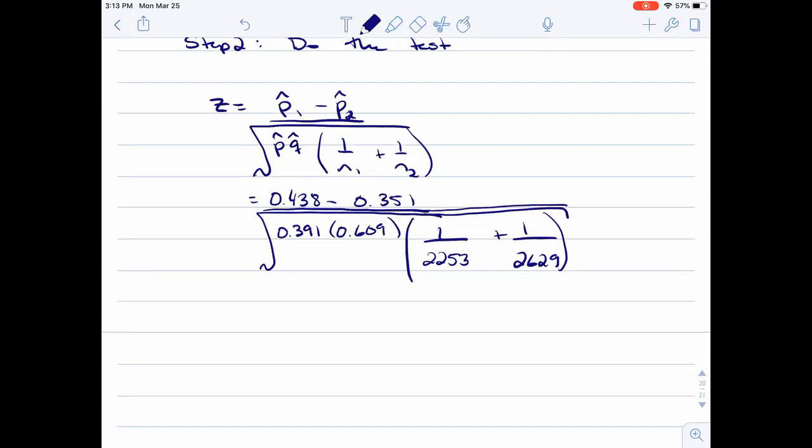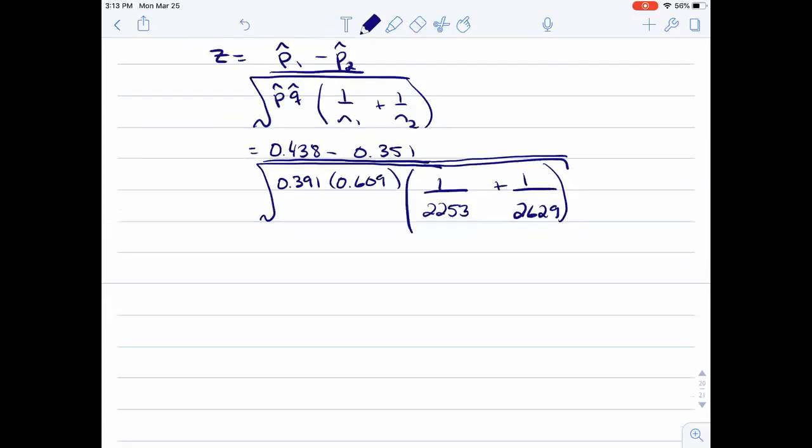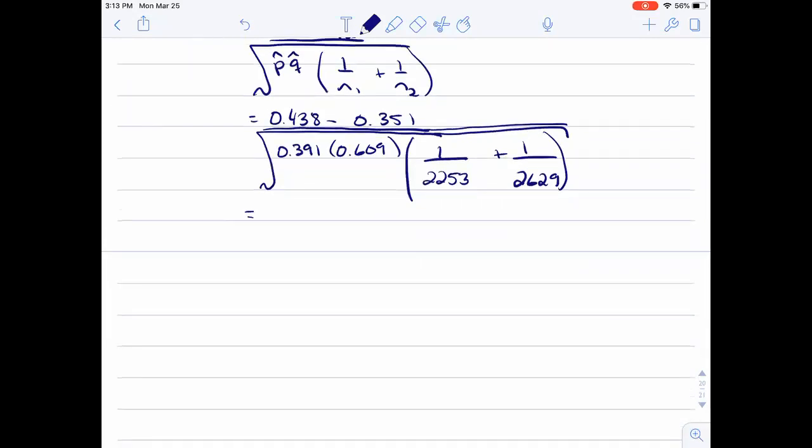So starting inside the square root, we're just going to build out, being careful that you deal with the 1 over 2253. So 1 over 2253 plus, and then in brackets 1 over 2629. Store that. 0.438 minus 0.351 is 0.087.